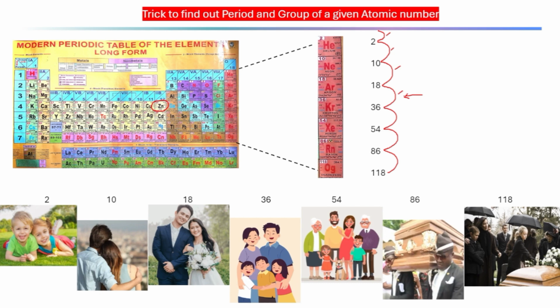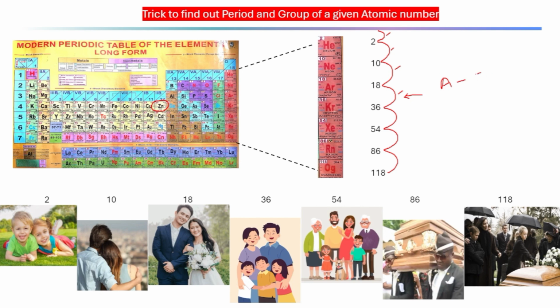Now how to find out the group number? To find out the group number, you have to subtract the previous inert gas element's atomic number from the given atomic number value. For example, if you are given atomic number 30, so your A is 30, and you have to do A minus I, where I is the previous inert gas element.